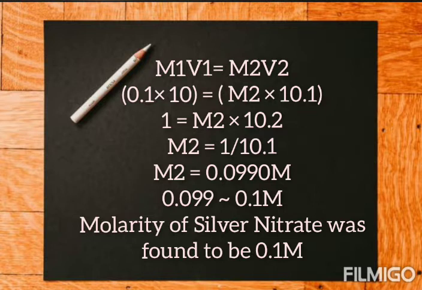Then 0.1 × 10 = M2 × 10.1, and here we can calculate the molarity of silver nitrate, that is 0.099, which is equivalent to 0.1 molar. Therefore, the molarity of silver nitrate was found to be 0.1 molar after standardization.